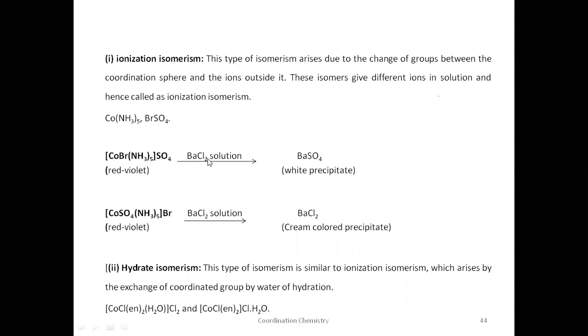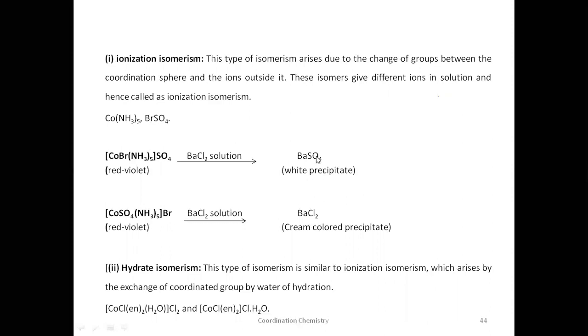But when you add barium chloride solution to the aqueous solution of these complexes, you observe that one complex gives a white precipitate and the other complex gives a cream color precipitate. The white precipitate is due to the formation of barium sulfate, and the cream color precipitate is due to the formation of barium chloride.